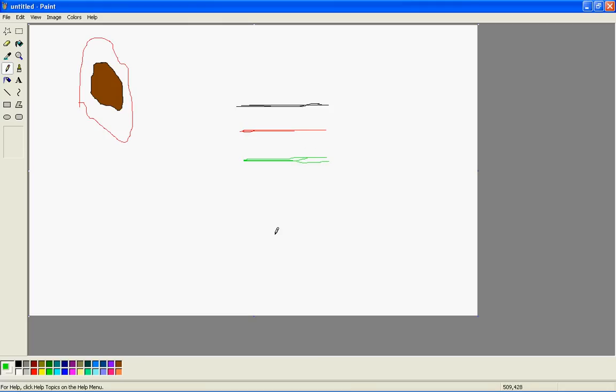Okay, so here's what they're talking about. If I'm going to be dealing with a single layer closure, so if I am running the silk thread through this top layer, that is what's called a single layer closure, or what's known as a simple repair.